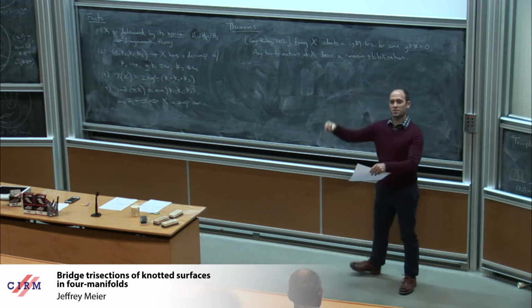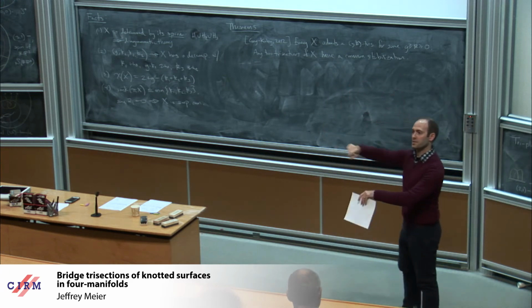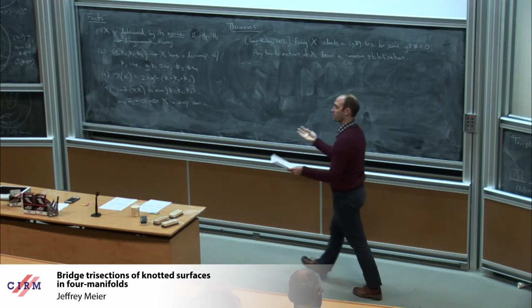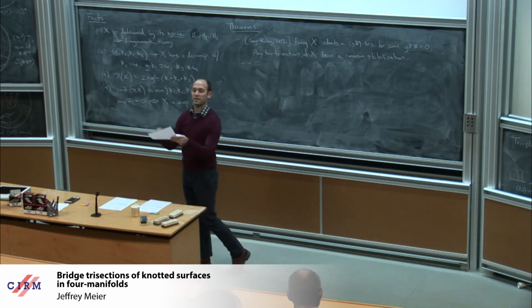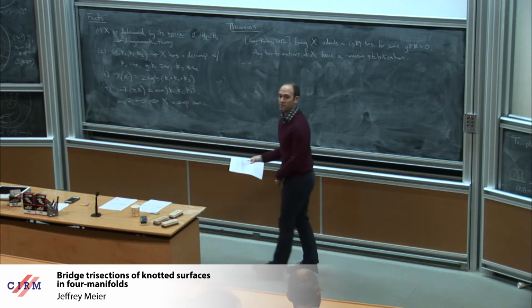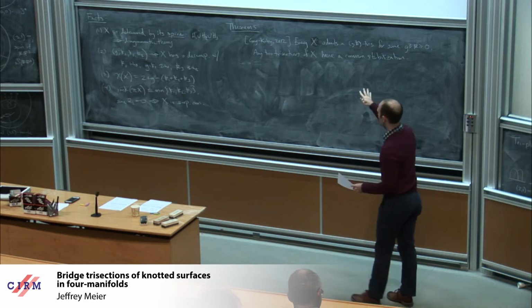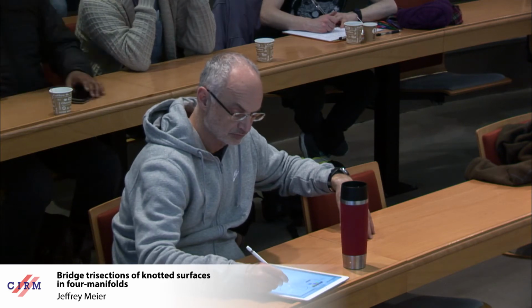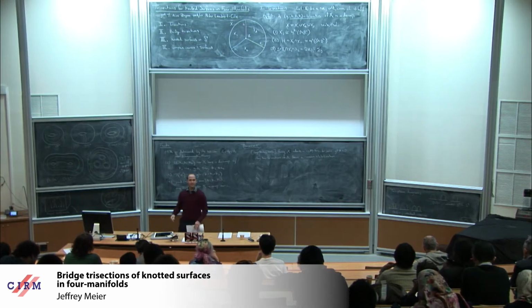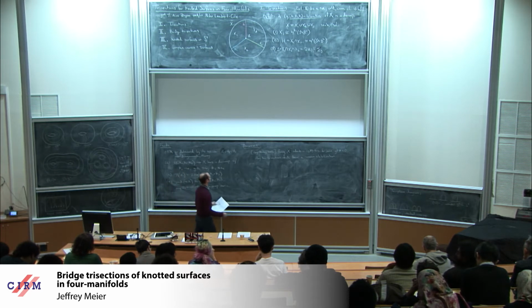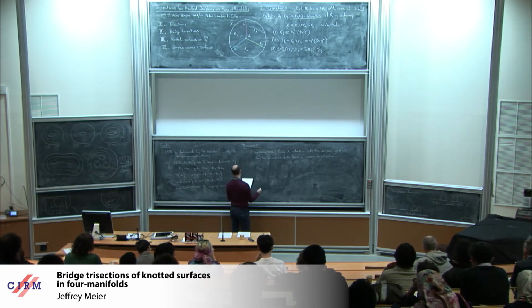So a stabilization is some type of operation that increases the genus of the surface. And if we start with two different trisections of X, we can always make them isotopic after performing this operation some number of times. So we have an existence and a uniqueness statement for trisections of four-manifolds. Any questions so far? Okay, we're almost to knotted surfaces, don't worry.